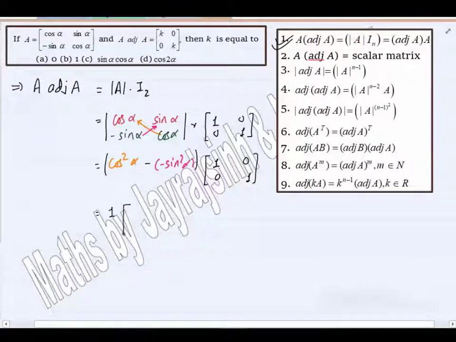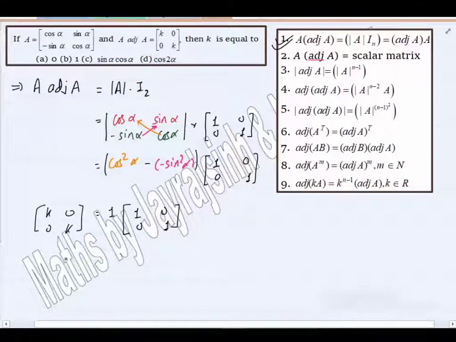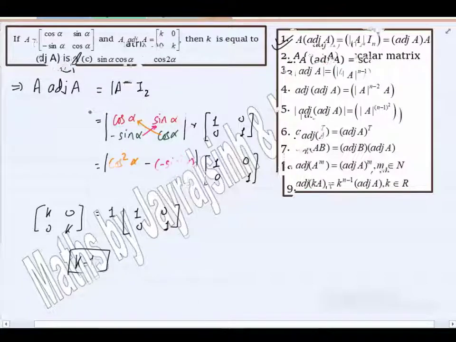You can say we get 1 0 0 1 as a right hand side. Now in question it is given that A into adjoint of A is nothing but K 0 0 K. So let's compare the matrix and we will get K is equal to 1. Ta-da! Option B is your final answer.